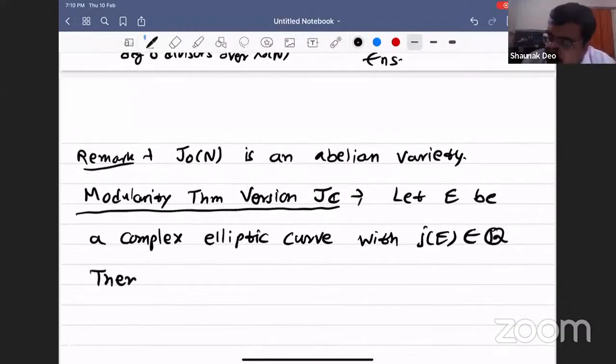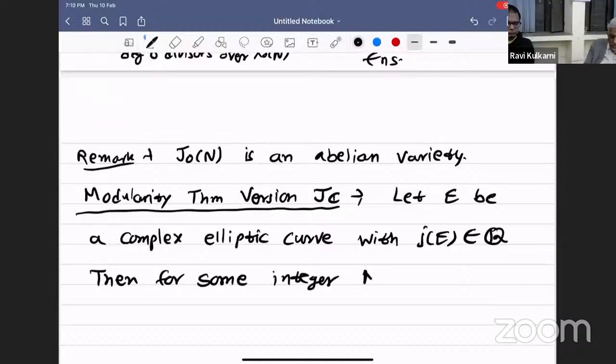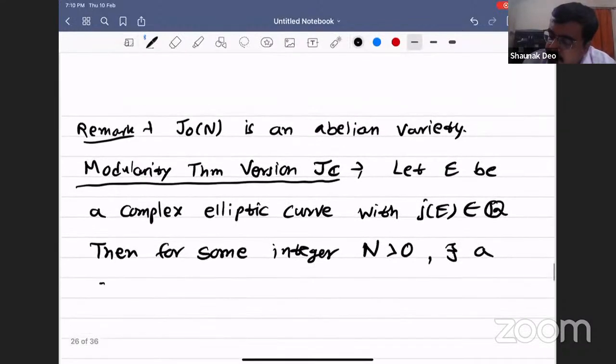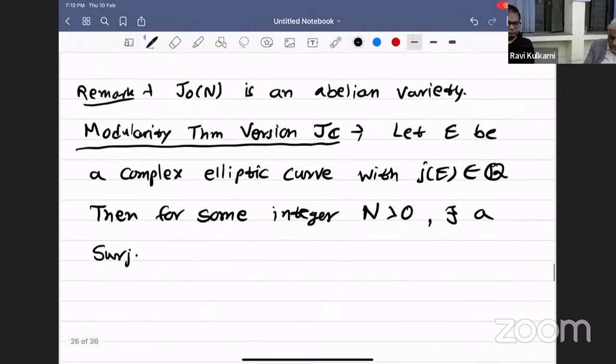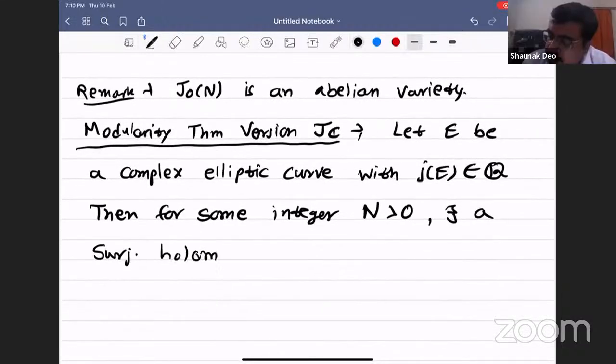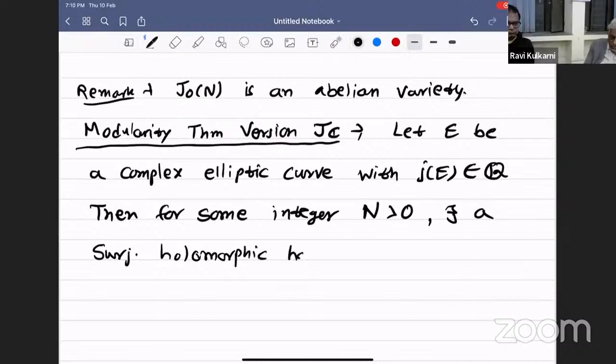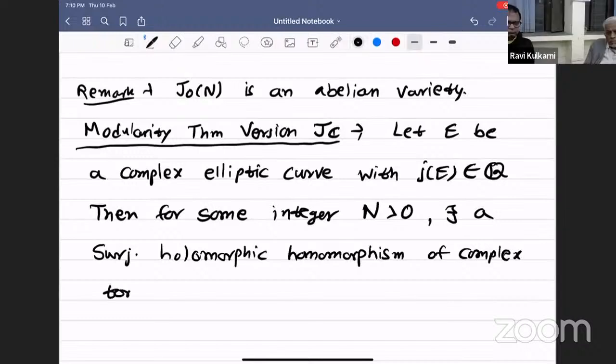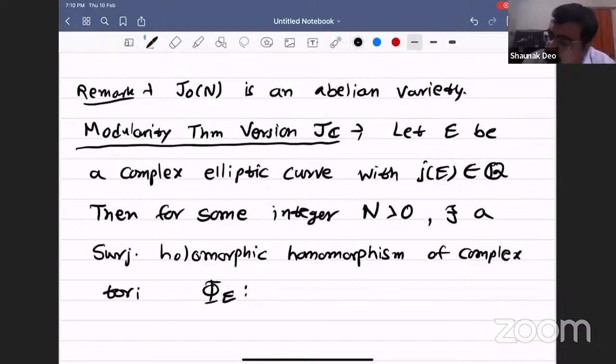Then for some integer n greater than 0, there exists a surjective holomorphic homomorphism of complex tori, phi_E from J_0(n) to E. Because J_0(n) is an abelian variety over C, it's a complex torus, and E is also the same. So this is a holomorphic homomorphism of complex tori.